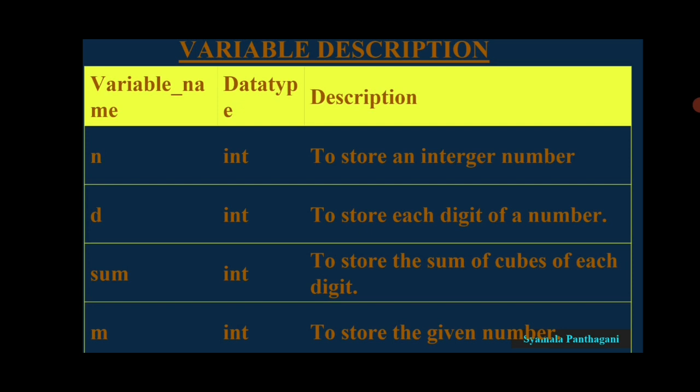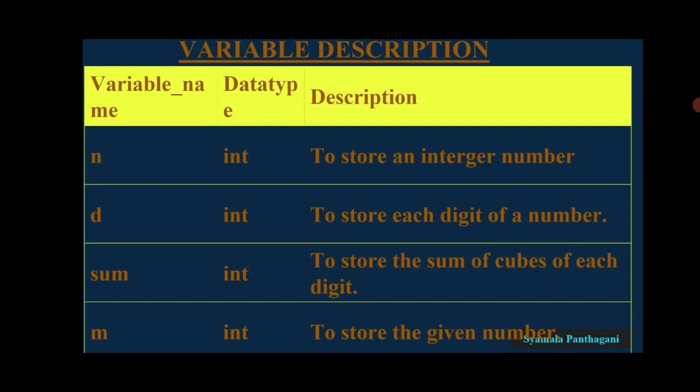First one, n, is an integer to store an integer number. d is an integer to store each digit of a number. sum is an integer to store the sum of cubes of each digit. m is an integer to store the given number, because at last we are decreasing the value of n to 0. That's why at the first only we are saving the given number in the variable m.